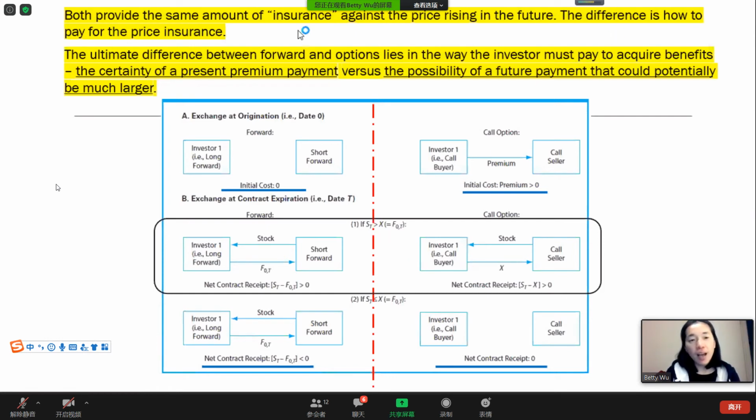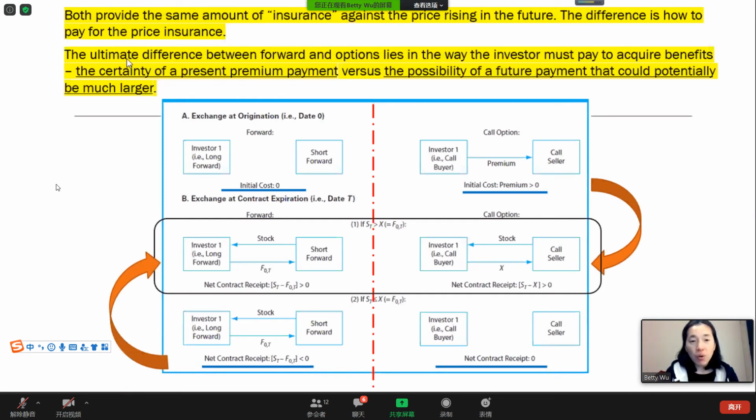And the difference is how to pay for the price insurance. In this case, you pay the premium at time zero. And in this case, although the initial cost is zero, essentially you're paying by a potentially much larger amount later on.